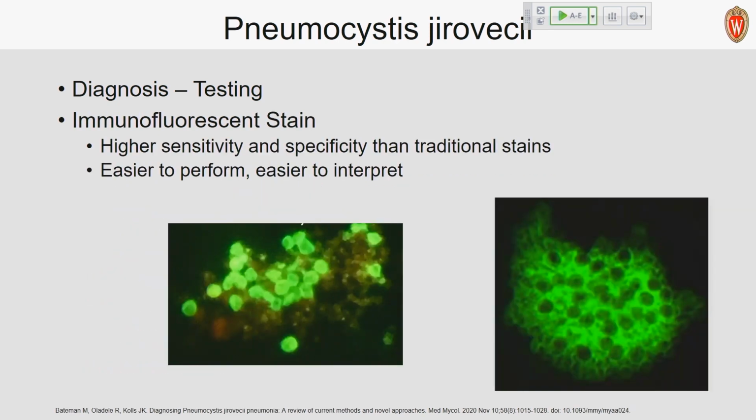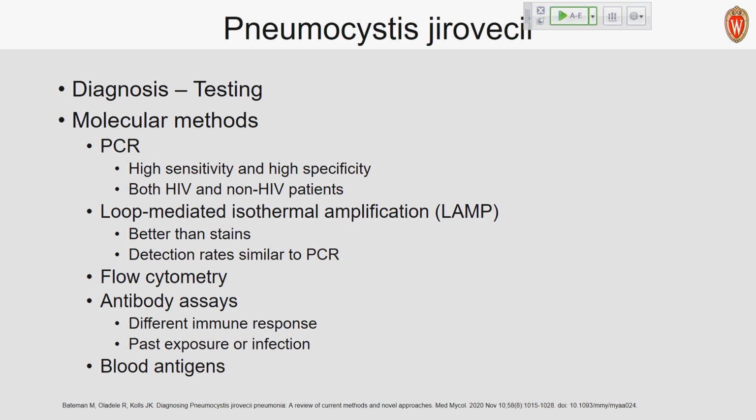Again, just like any other microscopic thing, it is really dependent upon the acumen of the reader to be able to first notice these, rule out what's the difference between maybe nonspecific fluorescence and the actual organism, and make that positive result. Other things that are coming into play now are some molecular methods, which have both high sensitivity and high specificity.